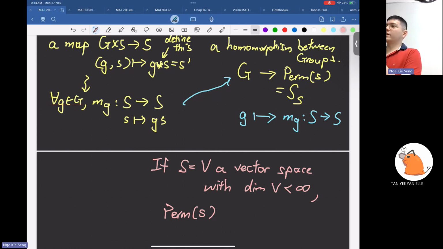What's the invertible element in the vector space? What's the map between finite dimensional vector spaces? This is the thing you have to know first. Is there any specific form you can write down?